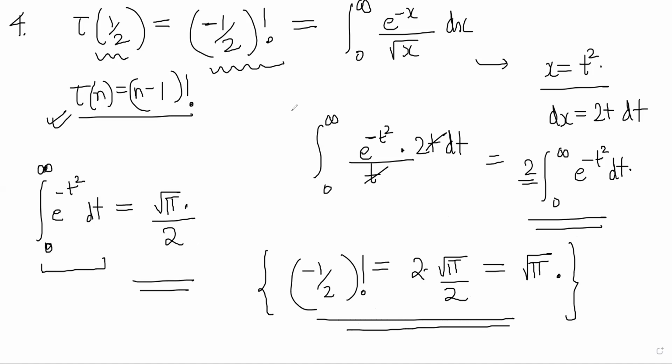Now, in the equation where we wrote gamma of n is equal to n minus 1 factorial, in that equation, we can replace n with even more weird things. We can replace n with 1 minus n, right? So let's see what comes from there. We have this result. Now we go ahead and see what other conclusions we can derive.